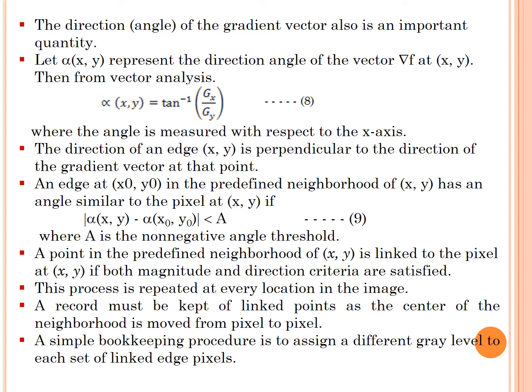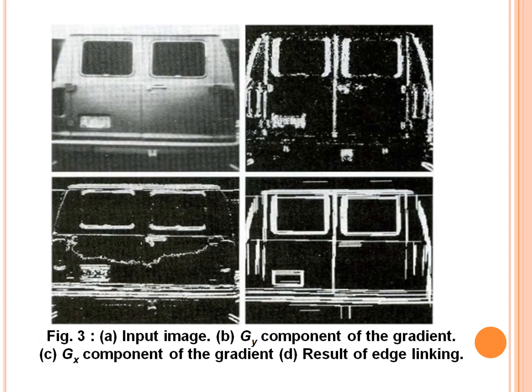A simple bookkeeping procedure is to assign a different gray level to each set of linked edge pixels. Here, figure A shows the input image, figure B shows the Gy component of the gradient, figure C shows the Gx component of the gradient, and figure D is the result of edge linking.